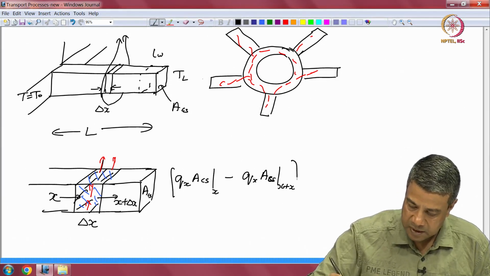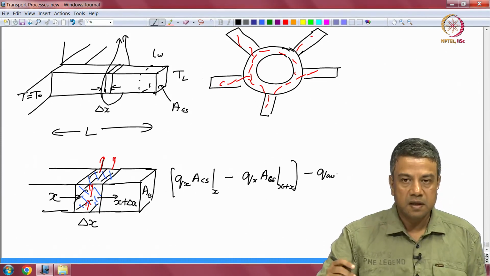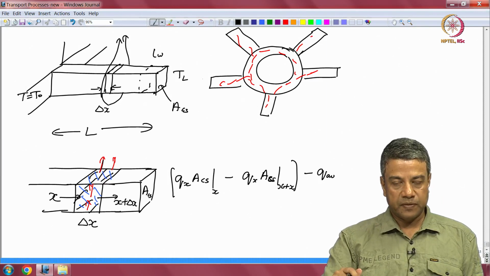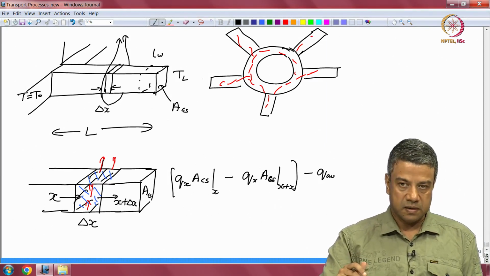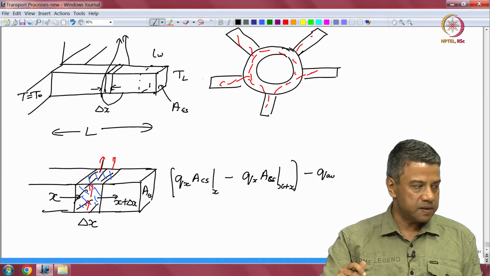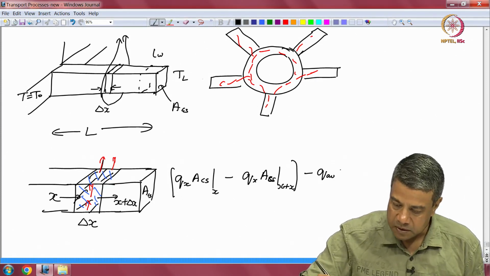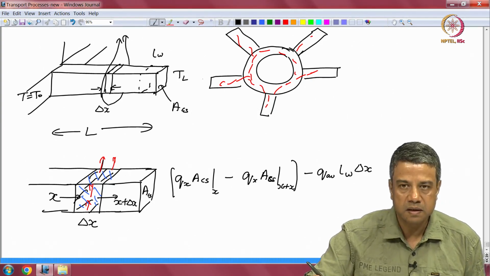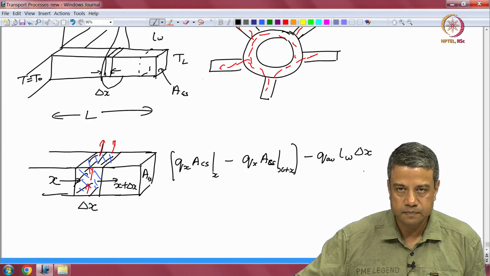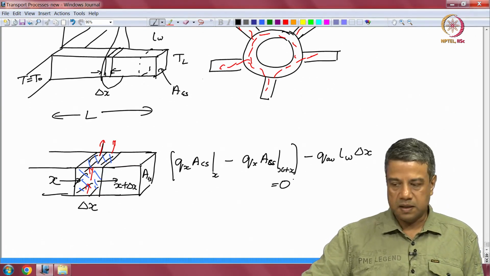This is equal to the average flux times the surface area. Surface area is the perimeter times delta x. So, the energy leaving is QAV into LW into delta x. This has got to be equal to 0. That is the energy balance.